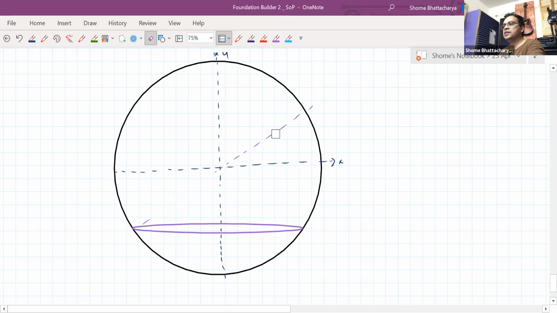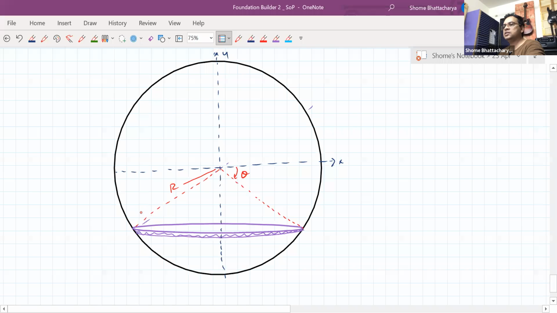We are understanding the three-dimensionality anyway, so that's not a problem. First of all, I'm taking the position of the ring in terms of the angle that this line is making with respect to my x-axis. So I'm taking the position of the ring as theta. In a proper sign convention, the rings below have negative theta, the rings above have positive theta.